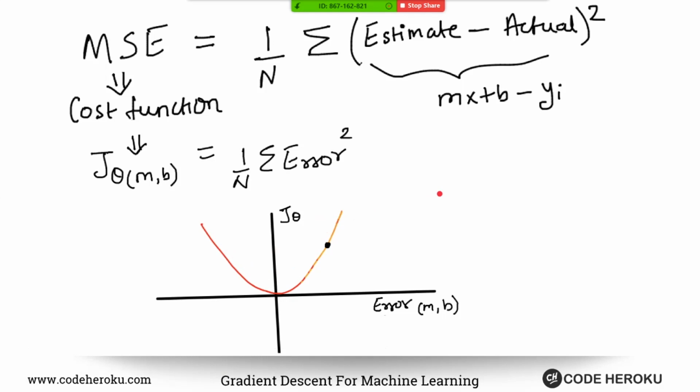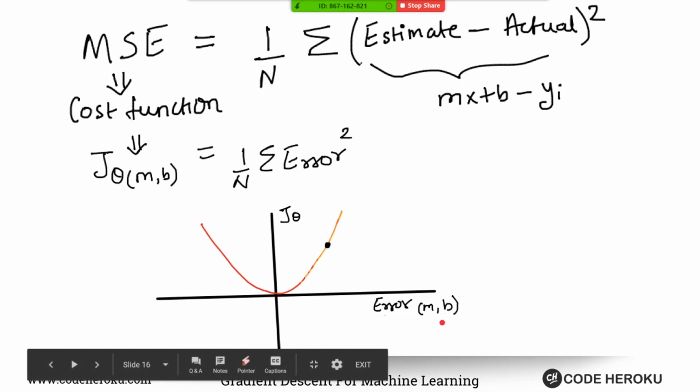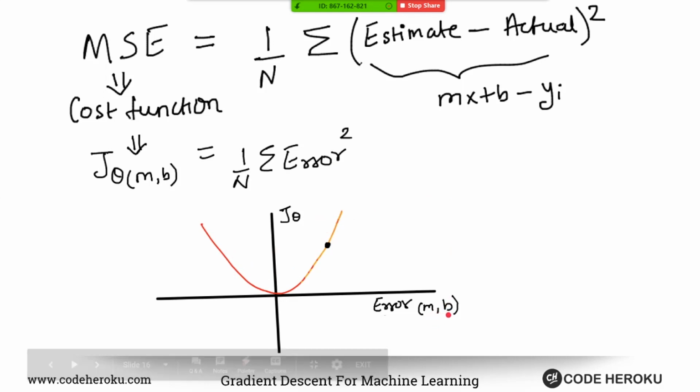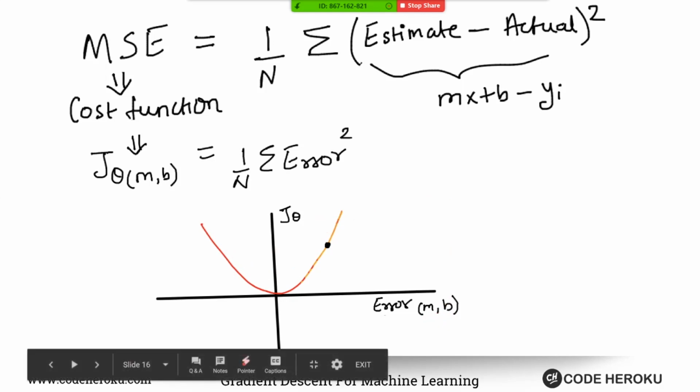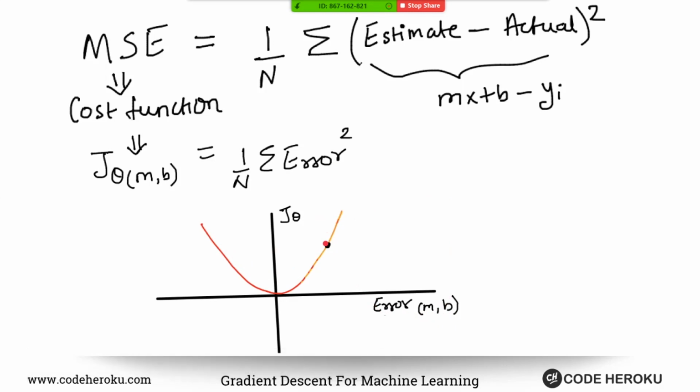Given this error, let's say you took a random m and b, just like we did. We took m equal to 0, b equal to 0, and then in the loop itself we said delta b is 1, delta m is 1. So we're taking a random value, and given a random value we'll get a random error, some point on this graph.